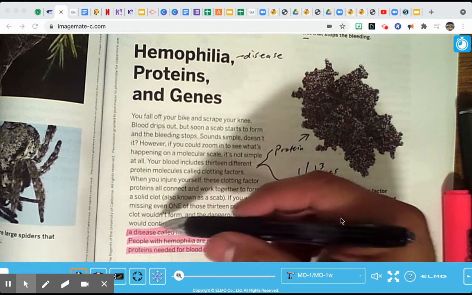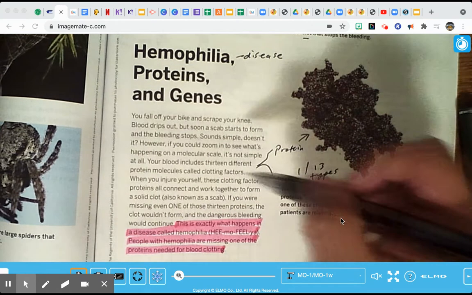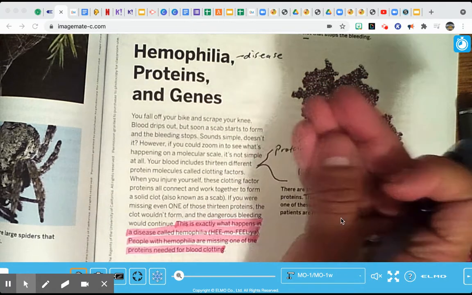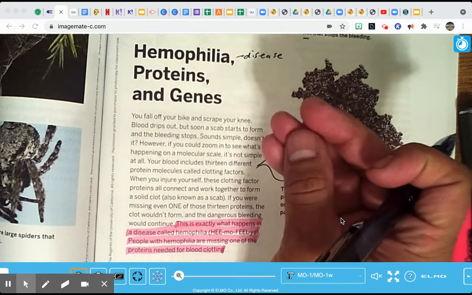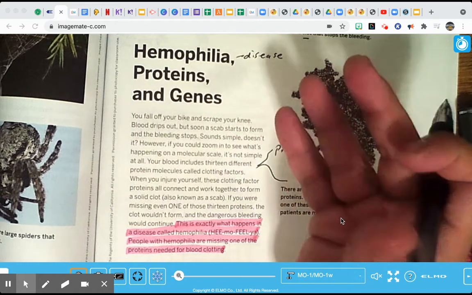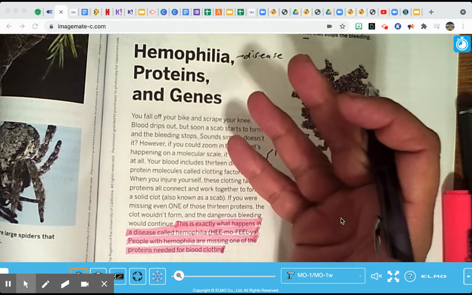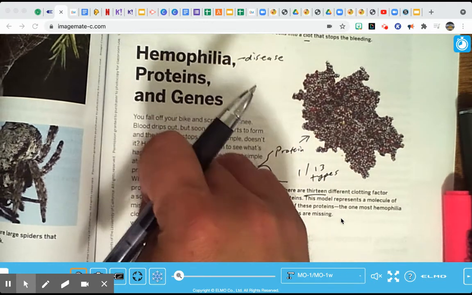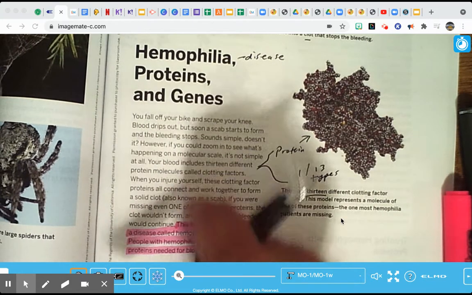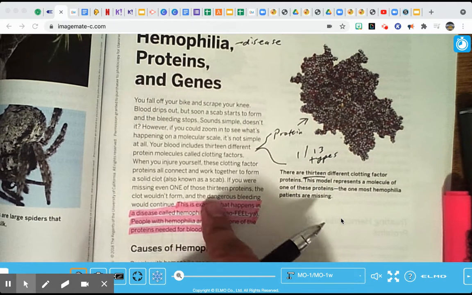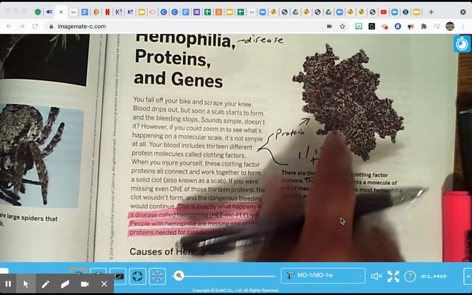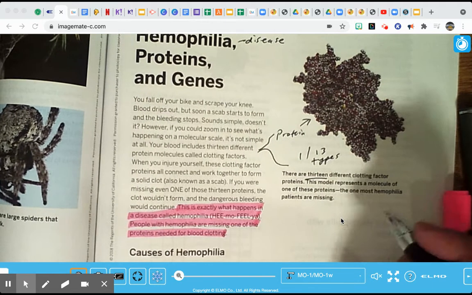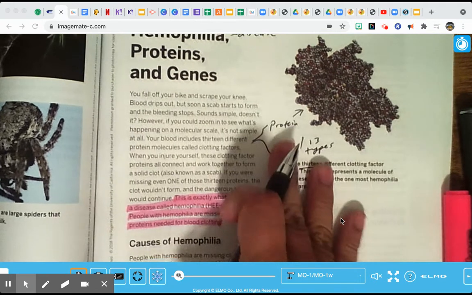Dangerous bleeding continues. So it basically means that you stop bleeding when you have these 13 proteins and you get a scratch. But if you're missing one of these 13 proteins, you're going to have hemophilia, and it's a dangerous disease.